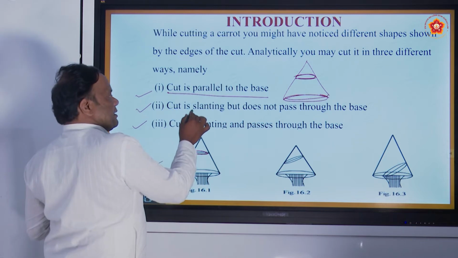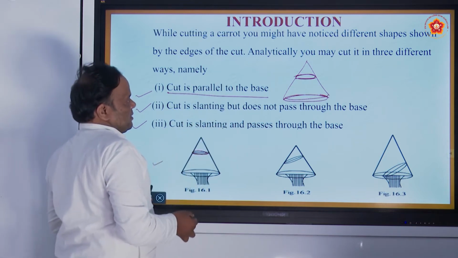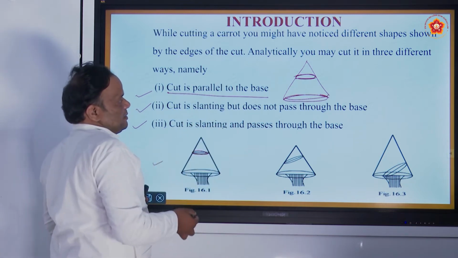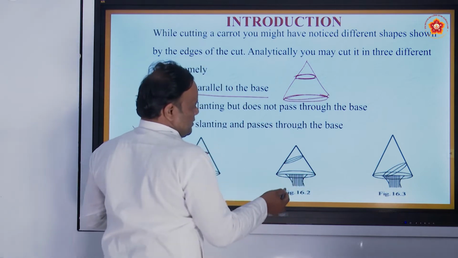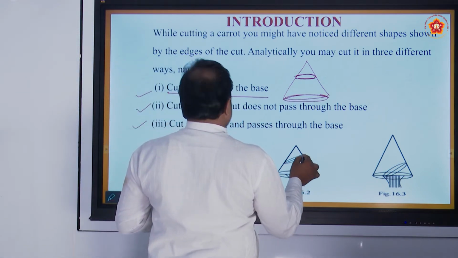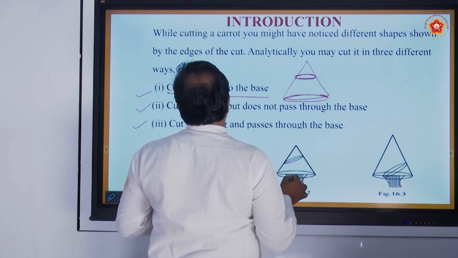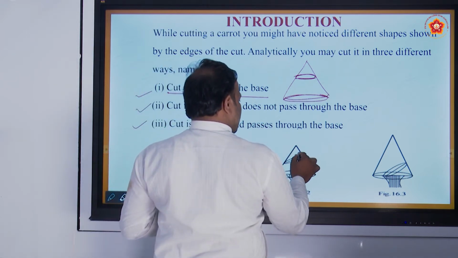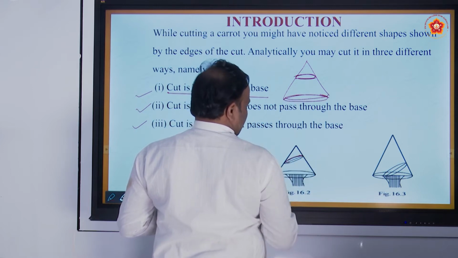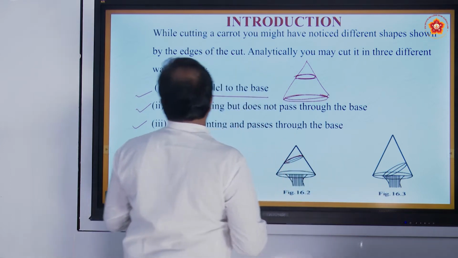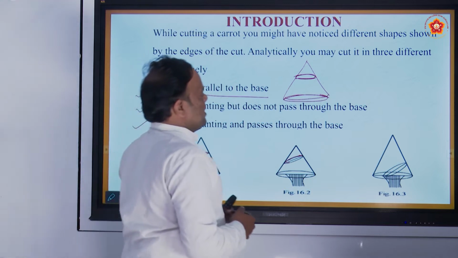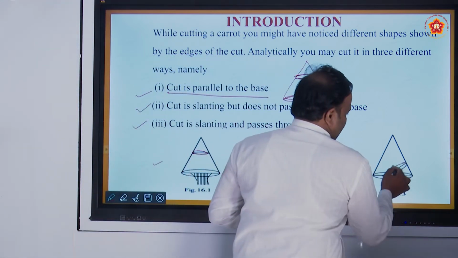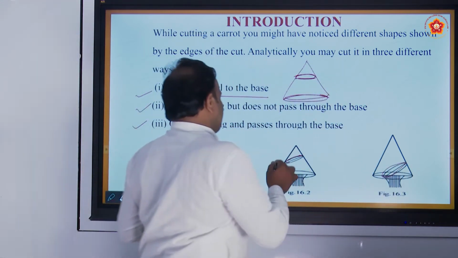Next, cut is slanting but does not pass through the base. In the second figure you see here, cut is slanting but does not pass through the base. The third figure is cut is slanting and passes through the base. There are three figures.